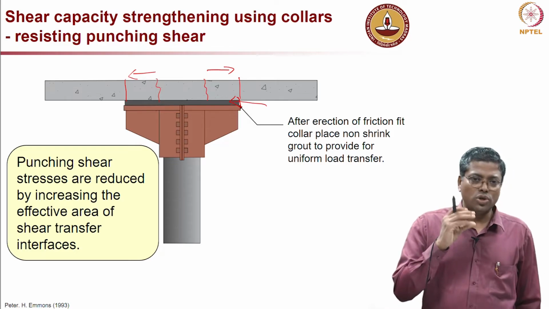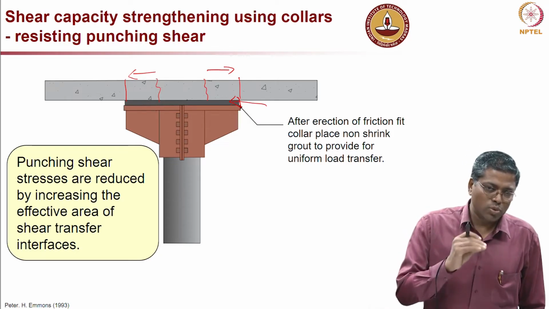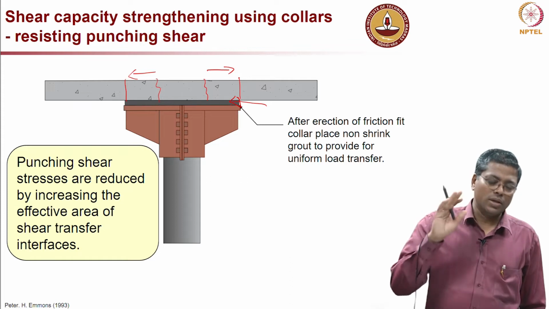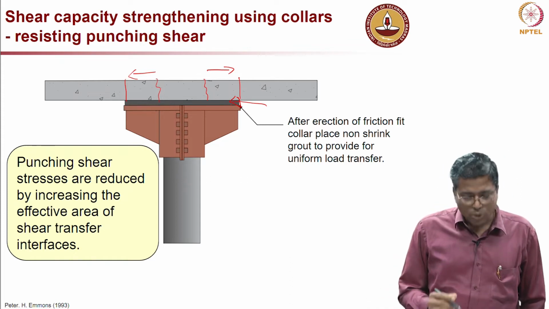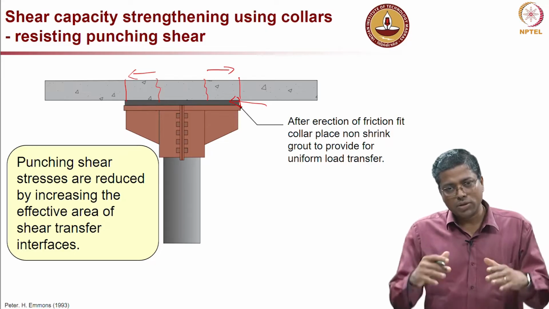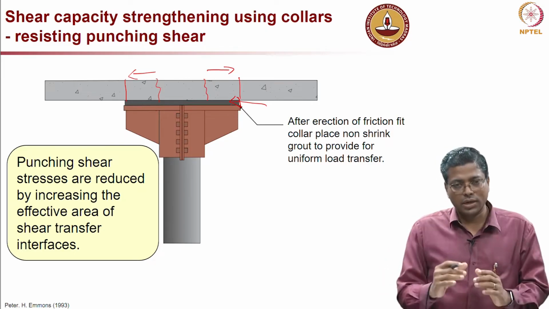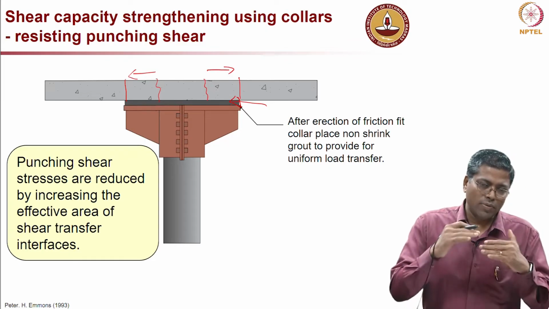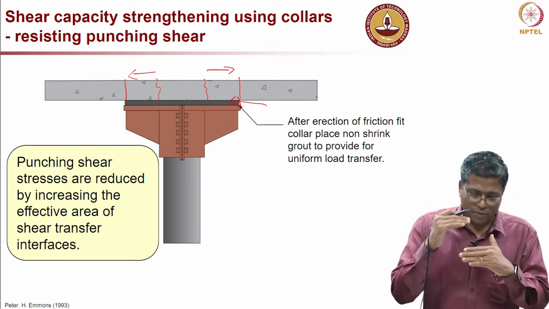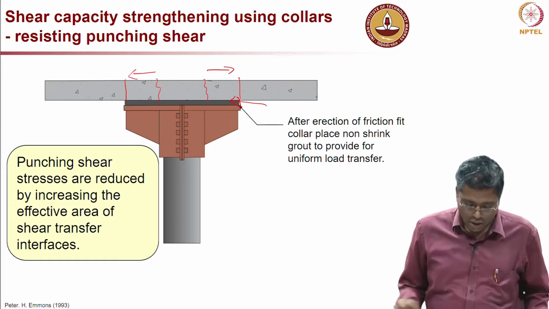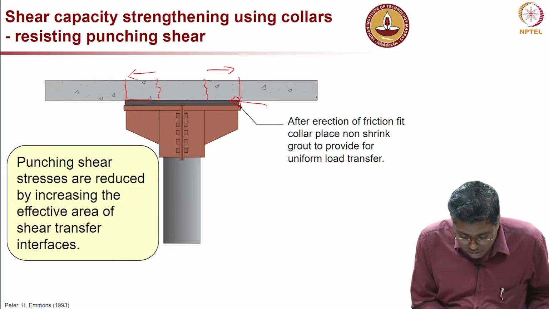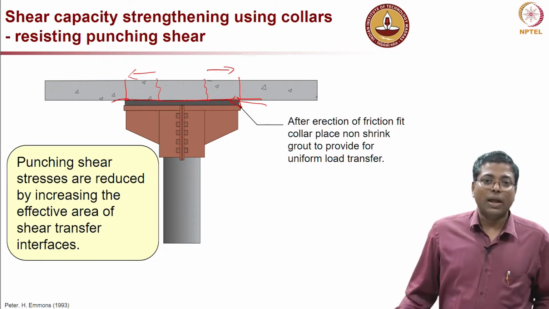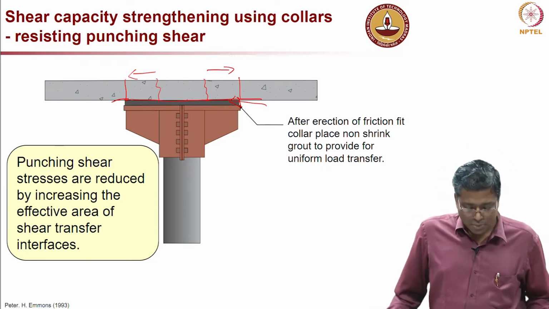Basically, there should not be any space between the grout and the steel and between the grout and the concrete. Grout and steel may not be a problem because of gravity all the grout will settle down, but you might have a gap between the top flange and the grout. So, that is this region, what I am drawing right now, that is the plane where you might have some gap.